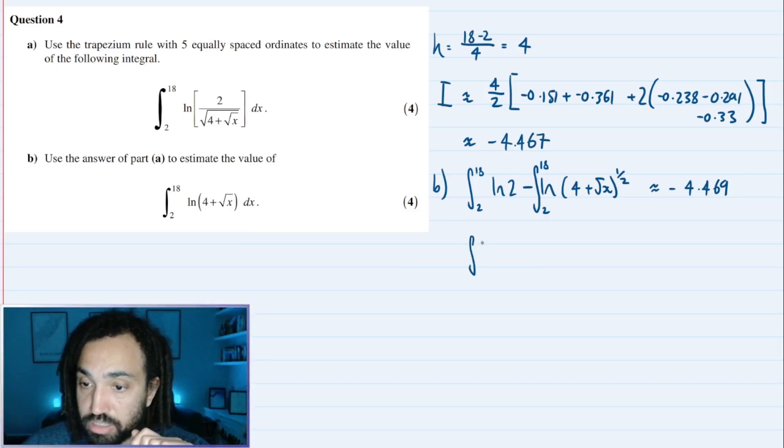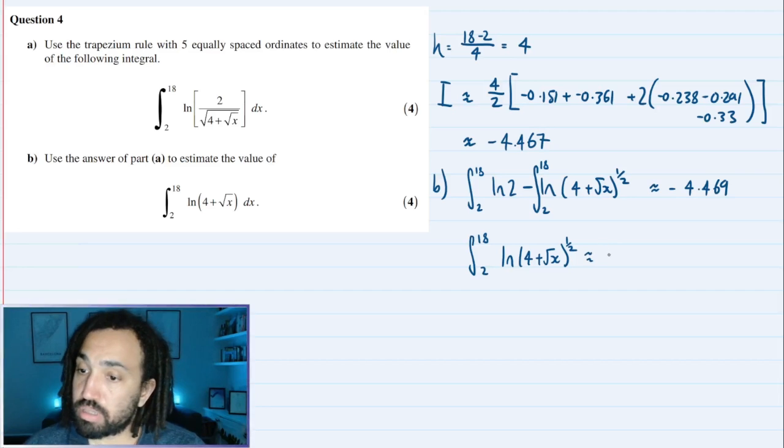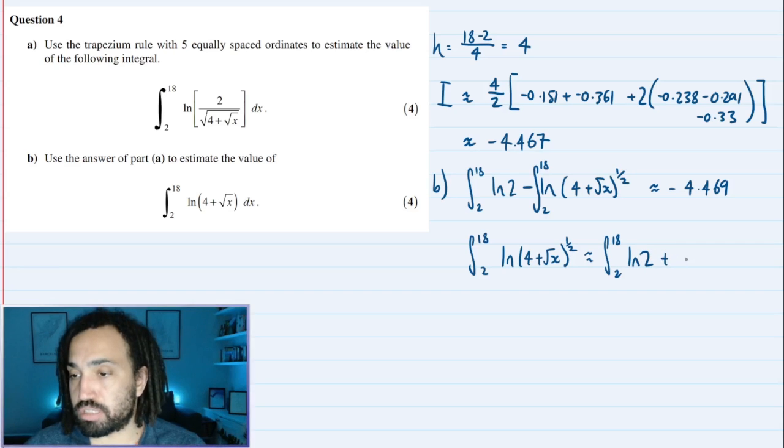So the integral between 18 and 2 of ln of 4 plus root x to the half is approximately equal to the integral between 18 and 2 of ln 2 plus 4.469.